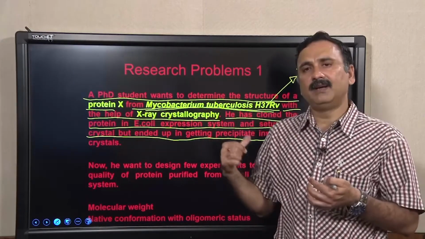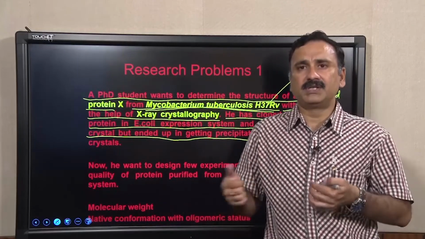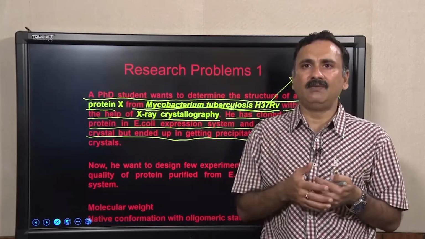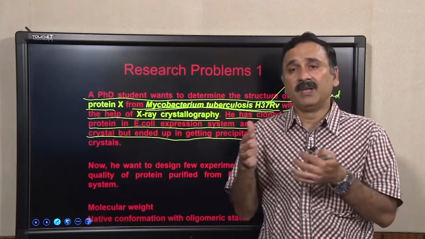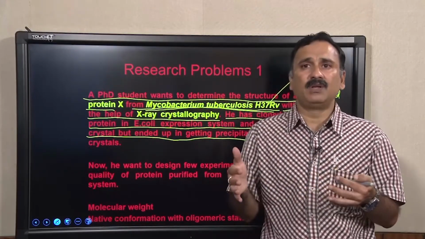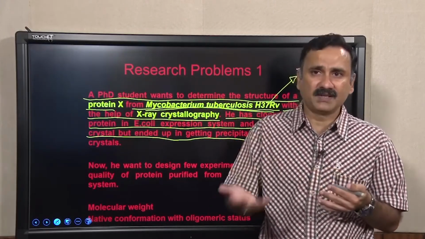Then he incubated the concentrated protein in different conditions, and what he found is that, instead of getting crystals, he was getting a precipitate, which means the precipitation of the protein was very fast compared to the very slow process needed to get crystals.